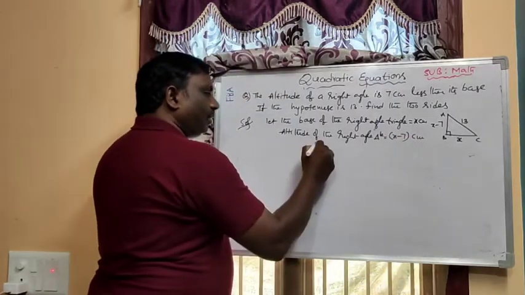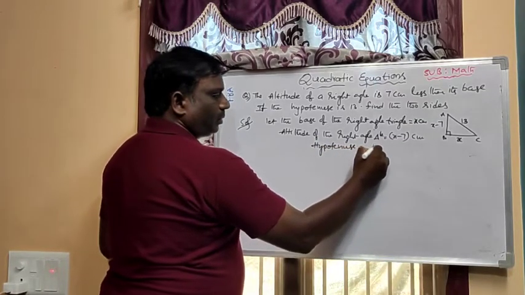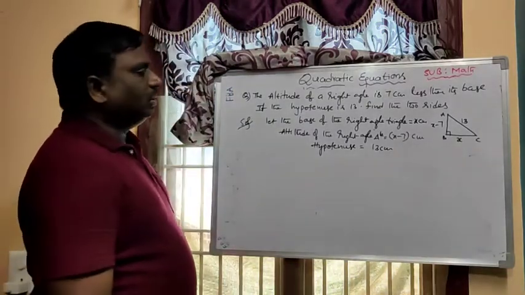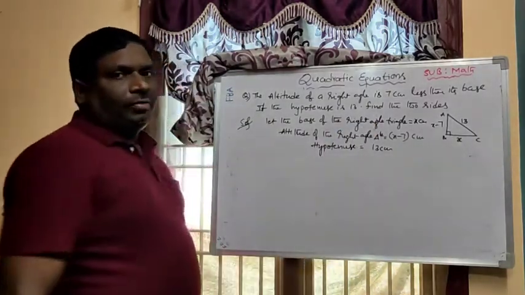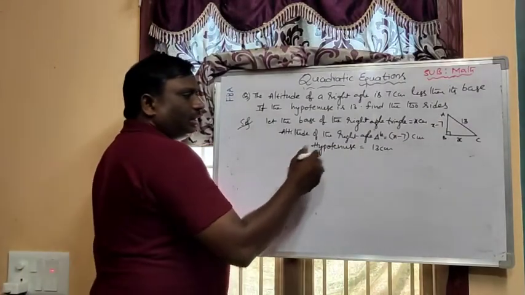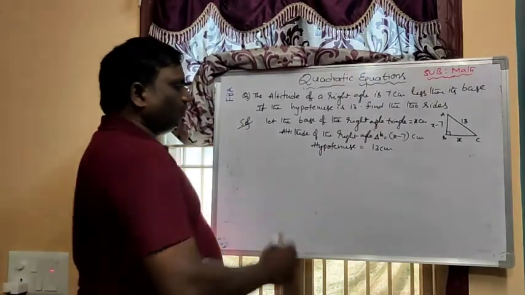Then hypotenuse they gave 13 centimeters. So in a right angle triangle, we know the Pythagoras theorem. What it is saying: in a right angle triangle, the square of the hypotenuse is equal to the sum of the squares of the other two sides.